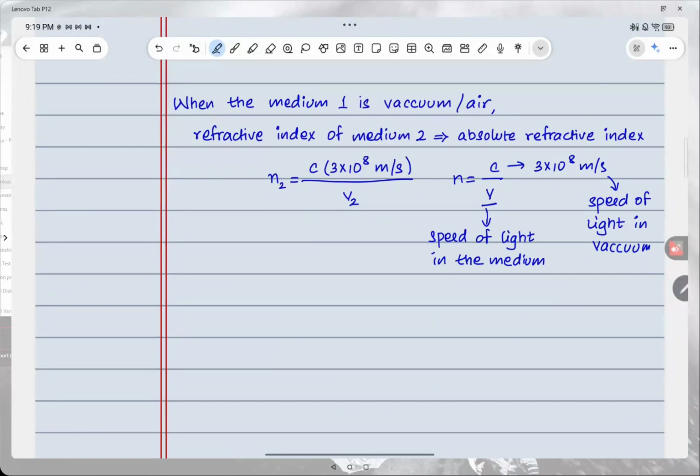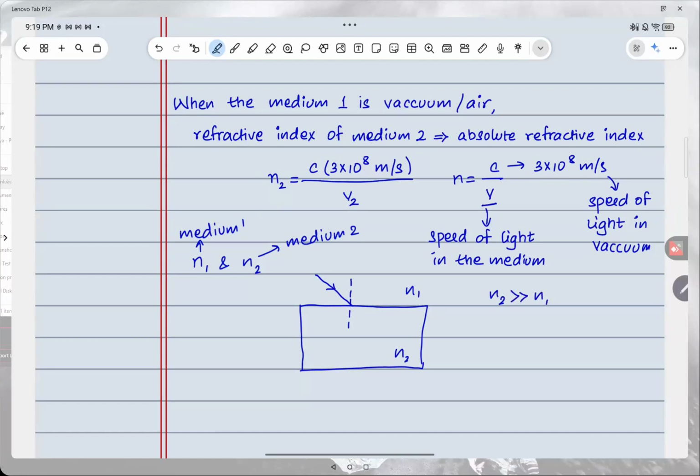If we have two refractive indices, N1 and N2, the refractive index of medium 1 and of medium 2, and a ray of light is going from N1 to N2, like this, we draw the normal here. Let's say N2 is greater than N1.